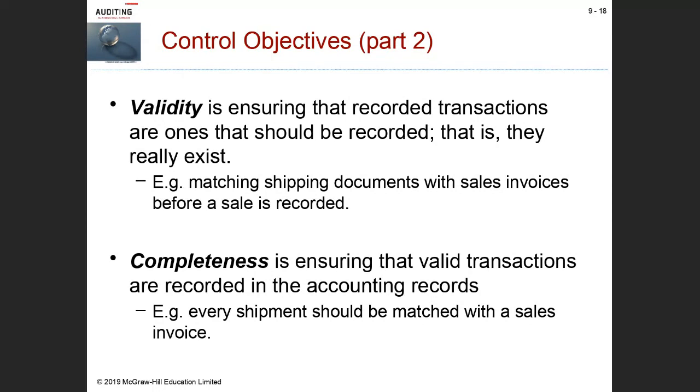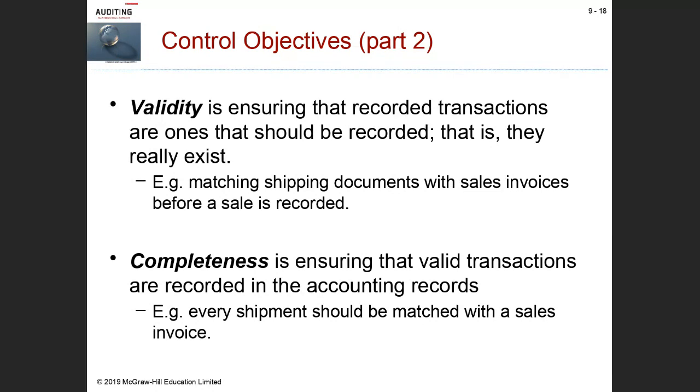Because we know if the goods were shipped, we can recognize the revenue. Okay, so the matching of shipping documents with sales invoices ensures the validity of recorded transactions because we won't even record the transaction unless this test has been fulfilled.